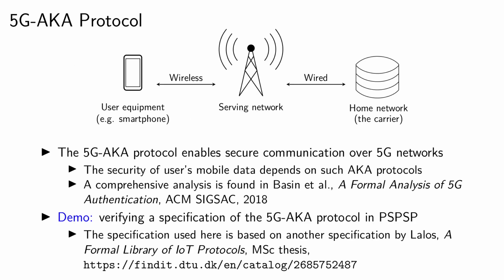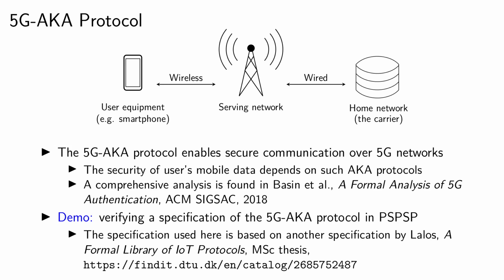So in a moment, we will show how to use the PSPSP tool on a protocol that's relevant to the smart city scenario, namely the 5G AKA protocol. In this protocol, users of, for instance, smartphones that are subscribed to a cell phone carrier want to share confidential data over the carrier's network.